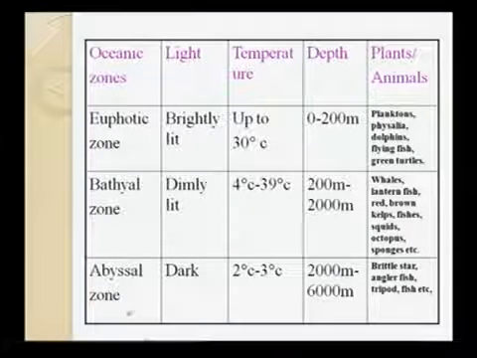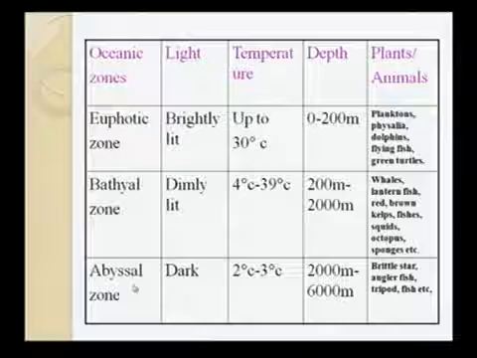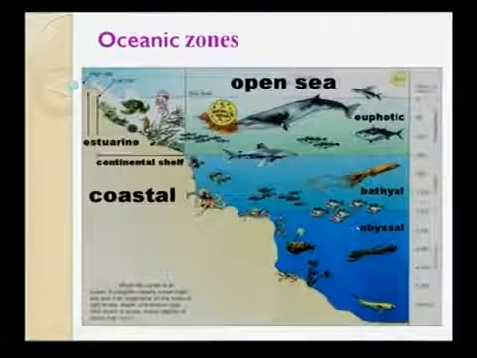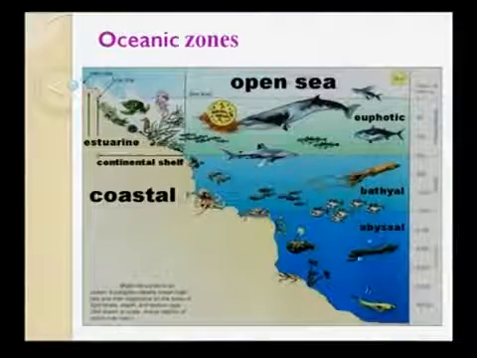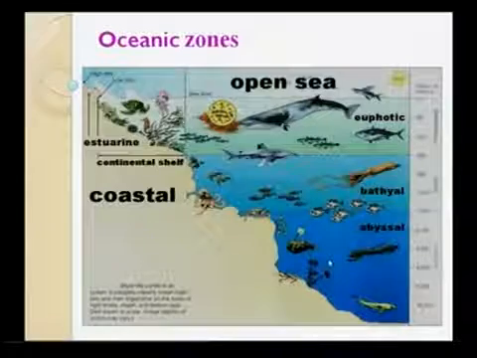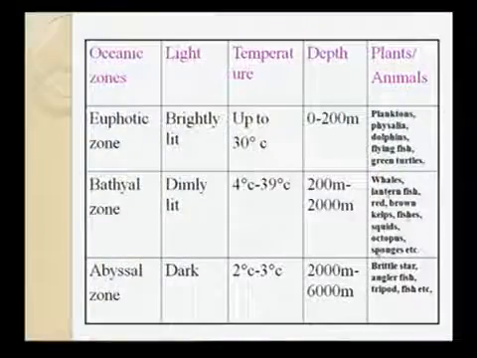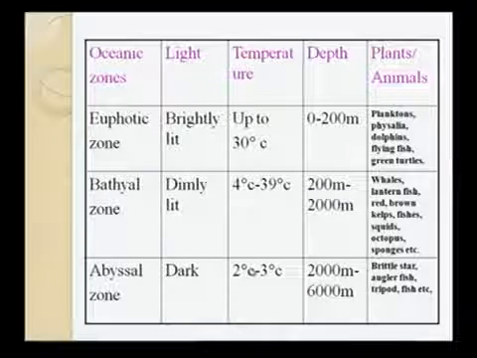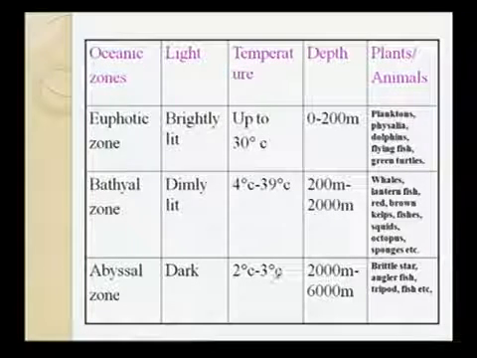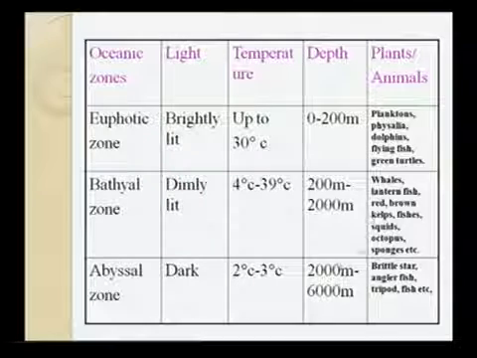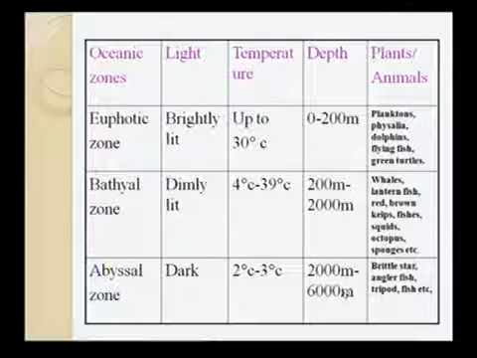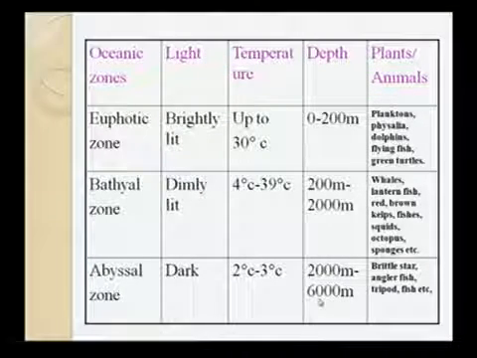Friends, coming to the final zone, it is the abyssal zone. If you look here, this is the abyssal zone and it is totally dark, friends. The sunlight doesn't pass to this zone, so it is totally dark. Coming to the temperature here, it is 2 degrees Celsius to 3 degrees Celsius. And the depth is 2000 meters to 6000 meters, okay?